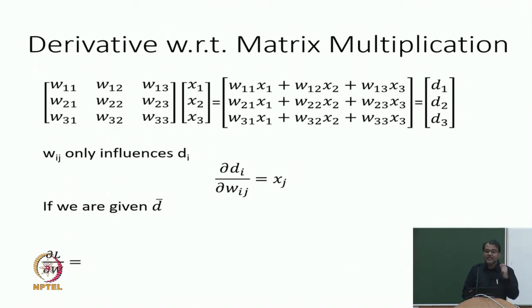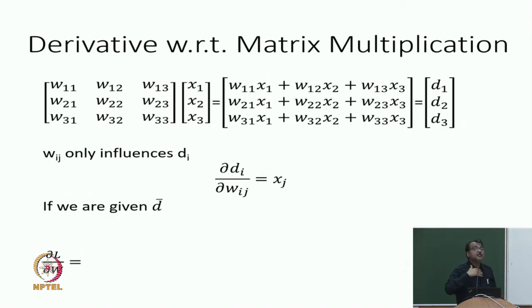So, let us look at any one of them, because if you look at any one of them, life would be easy. So, let us look at W21 for example. And look at this expression, and let's say I am given d bar. And remember, we multiply these things. So, what would be derivative of loss with respect to W21? Which derivative will flow back?